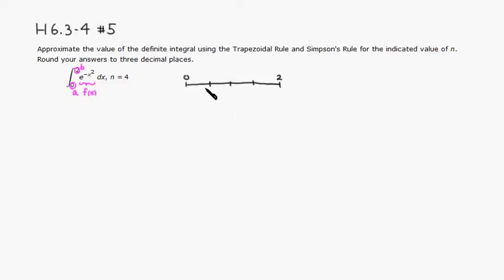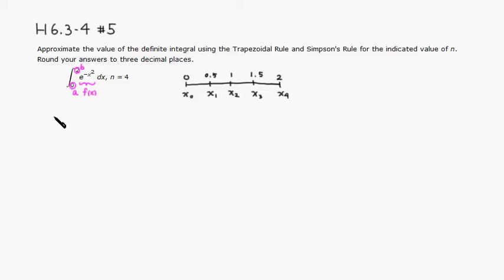So you can see that this is going to be 0.5 or 1/2, and this will be 1, and this will be 1.5. And so we can call this x0, this is x1, this is x2, this is x3, and this is x4.